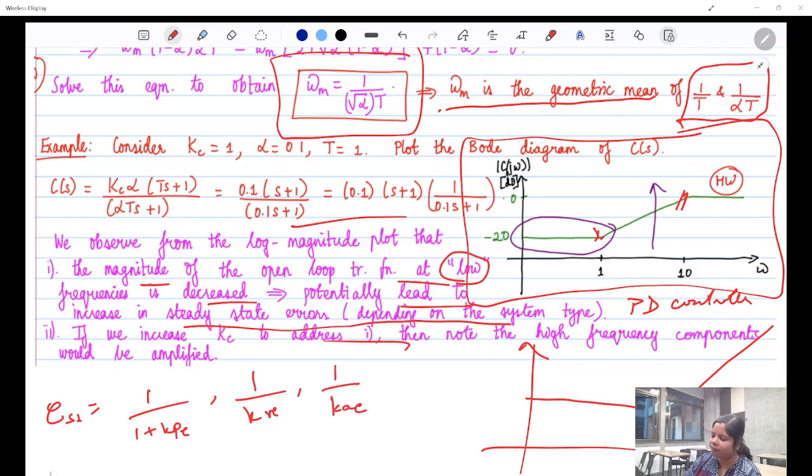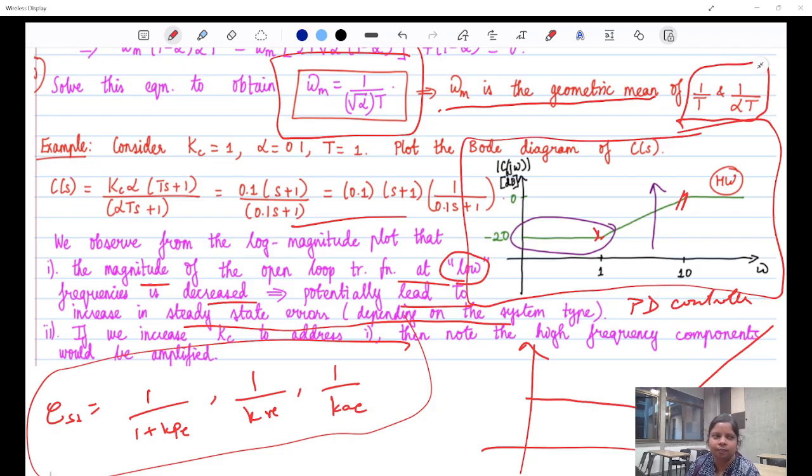These are the steady state errors for type 0, type 1 and type 2 systems when the input is step, ramp and parabolic, not impulse.